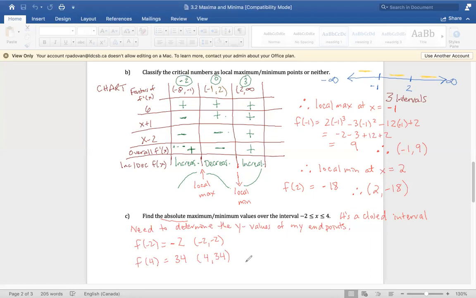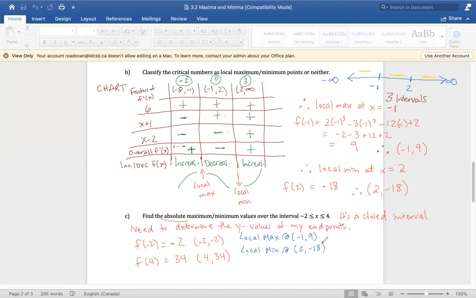So then let me write down the information from within this question. So here are my endpoints, but my local max, I had a local max at -1 and 9, right? And I had a local min at 2 and -18.